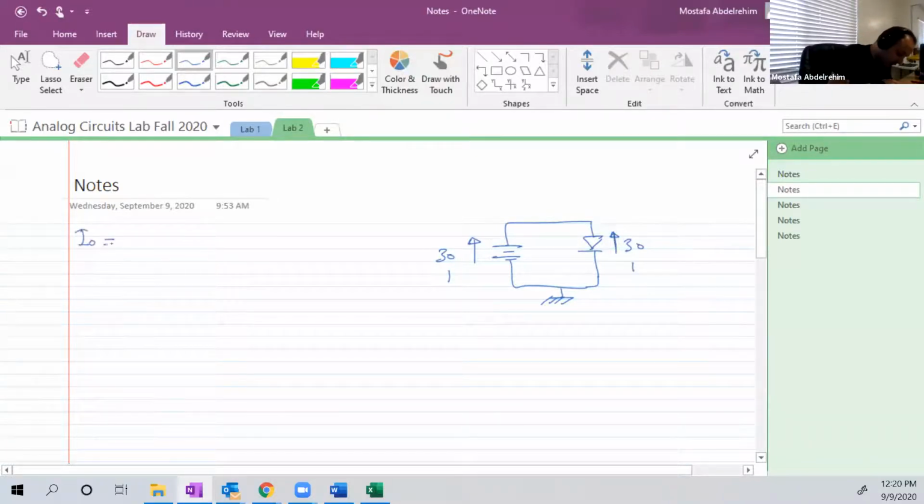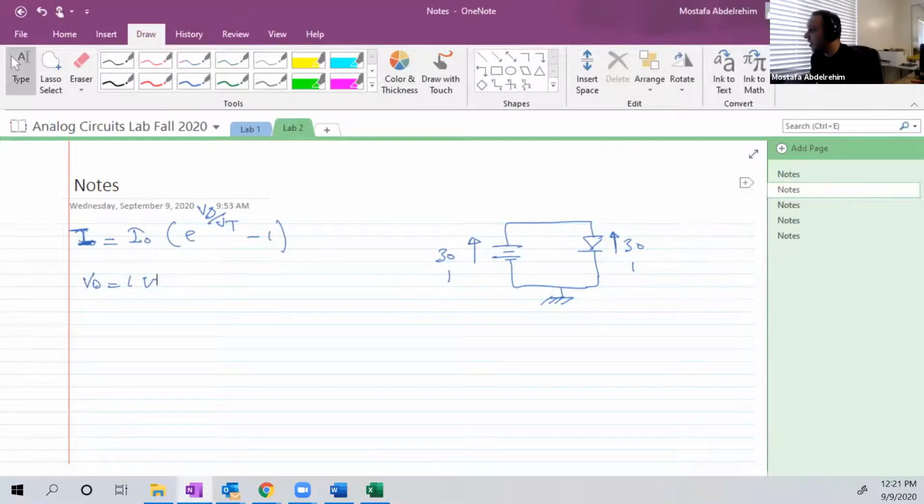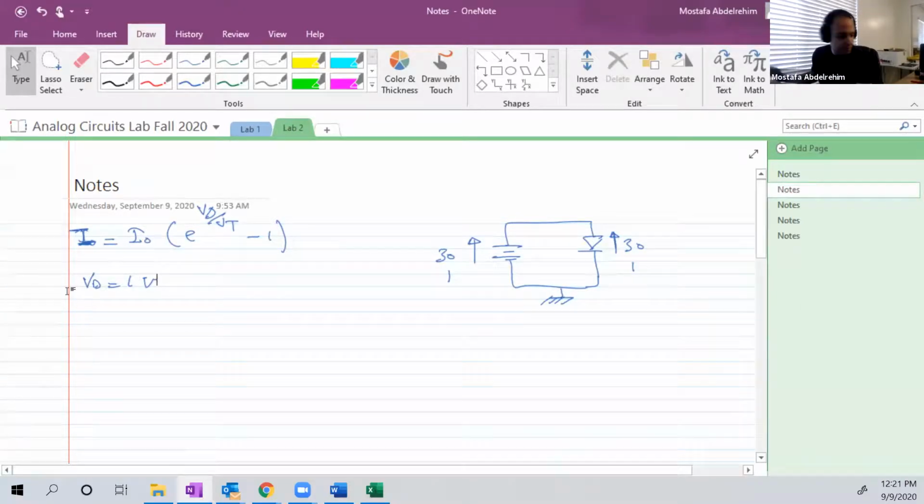We know I equals I naught e to the power Vd over Vt minus 1. Let's put Vd equal to 1 volt, and I'm just interested in the exponential term.